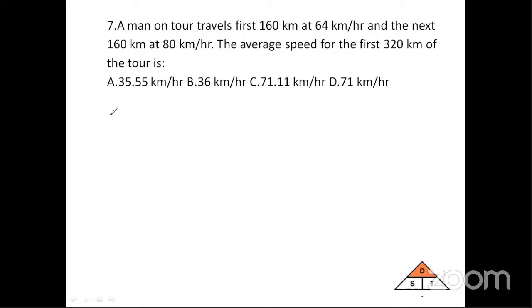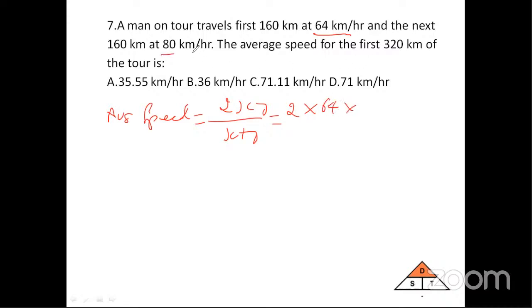What is the formula we use for average speed? Average speed is equal to 2xy by x plus y. So 2 into the first speed, 64, and for the next half it is 80, divided by 64 plus 80.